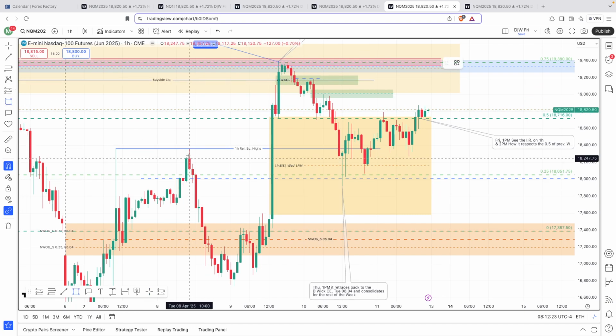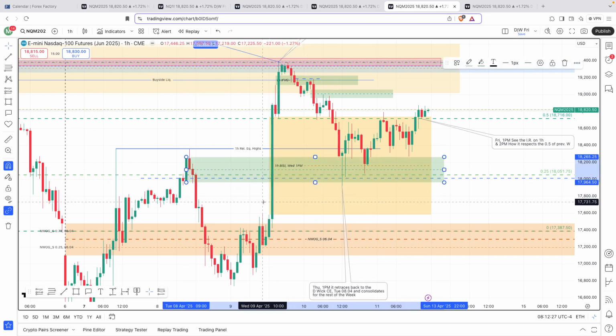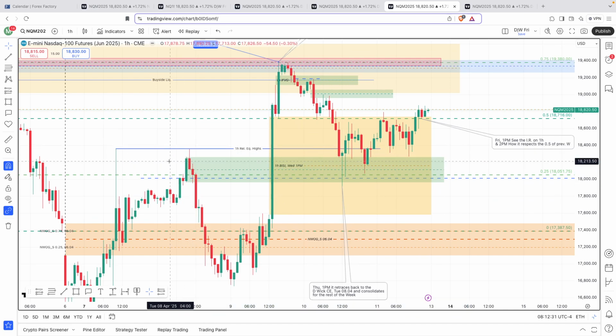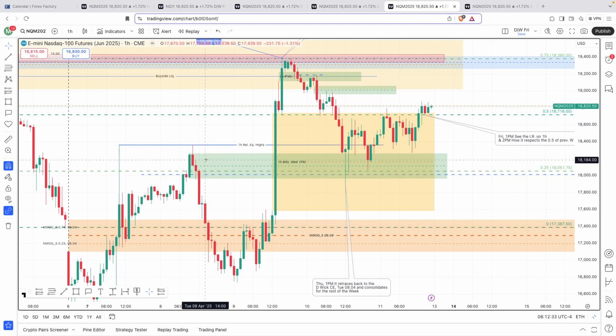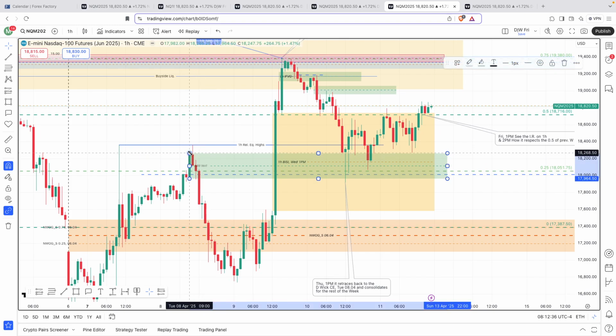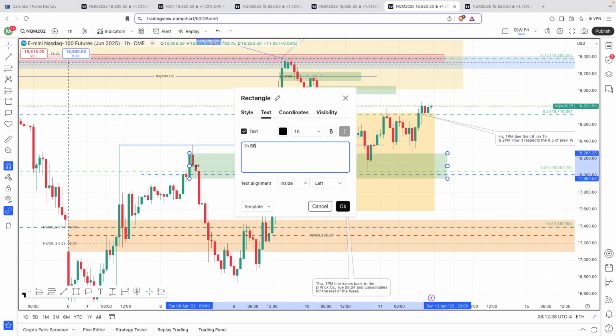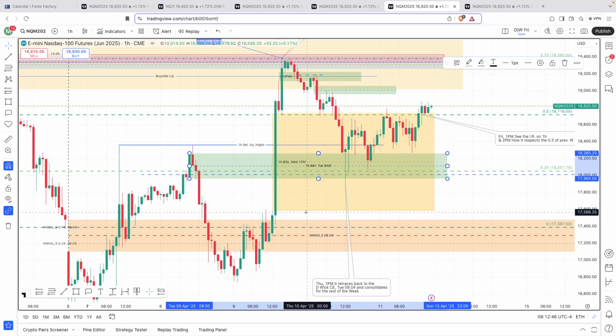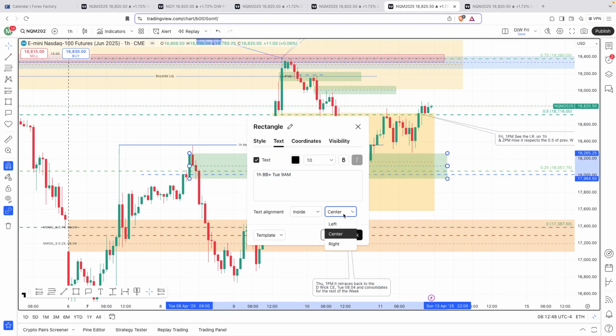If we would break into the 15 minutes, this red candle will also probably be a bullish breaker, more finessed. But on the 1 hour, we see this is the 1 hour bullish breaker of Tuesday. Keep it to the left so it's easier to read.